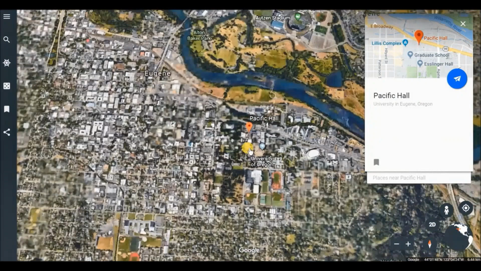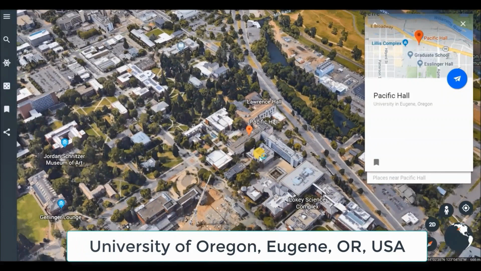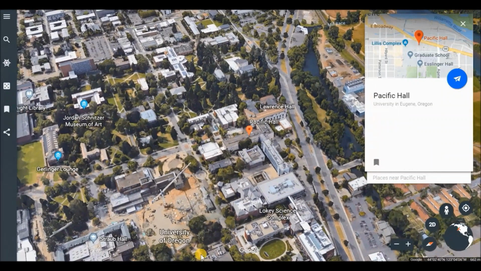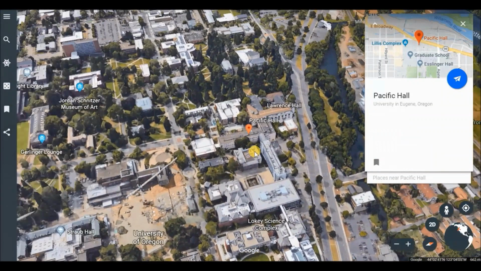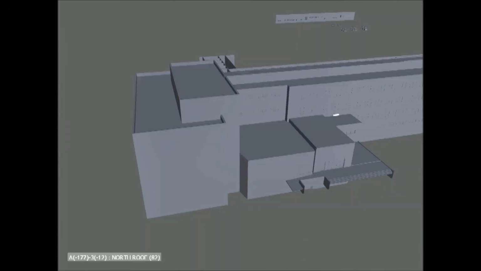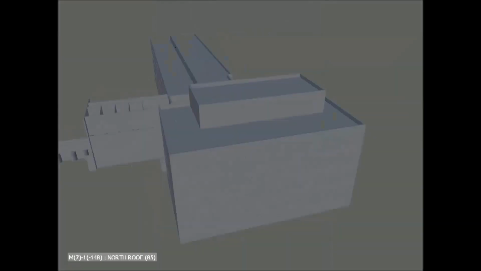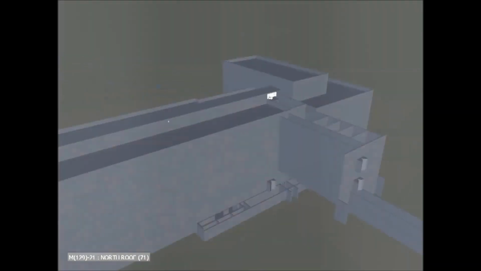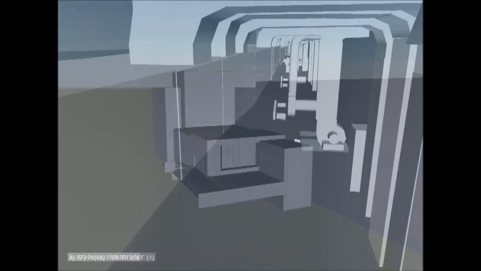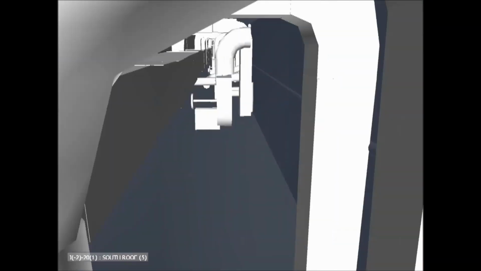So yeah, this is the University of Oregon Pacific Hall. First, we're going to be flying through an attic corridor. All of these ducts were generated in Edgewise and then translated into a Revit RVT format.